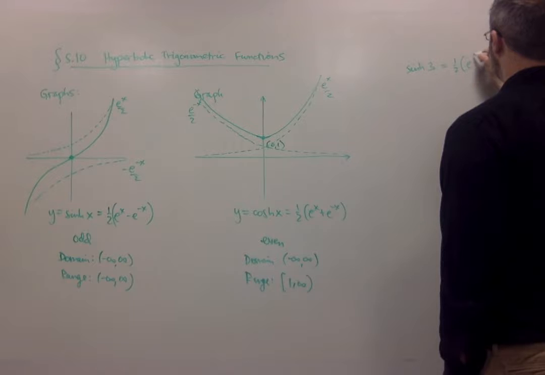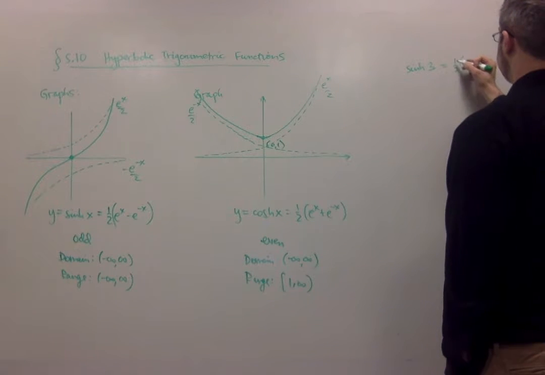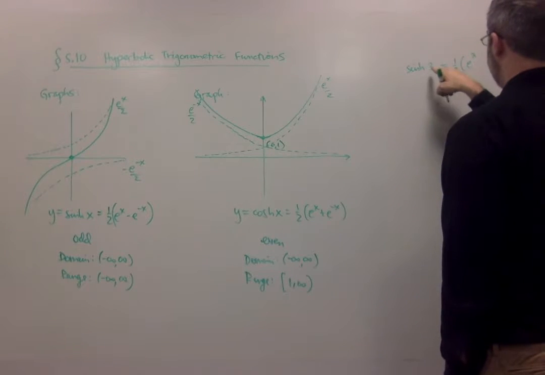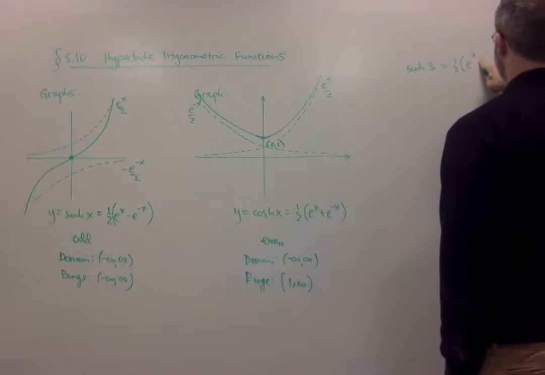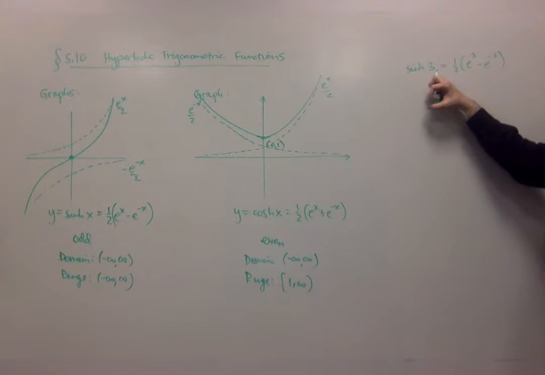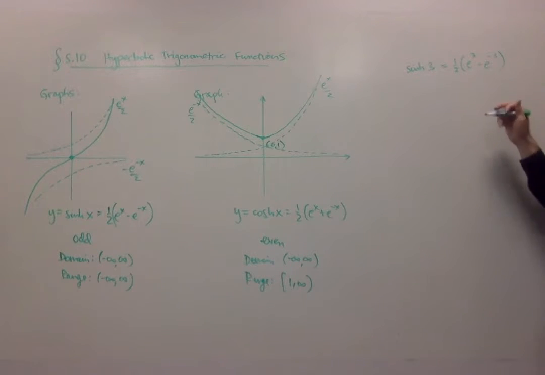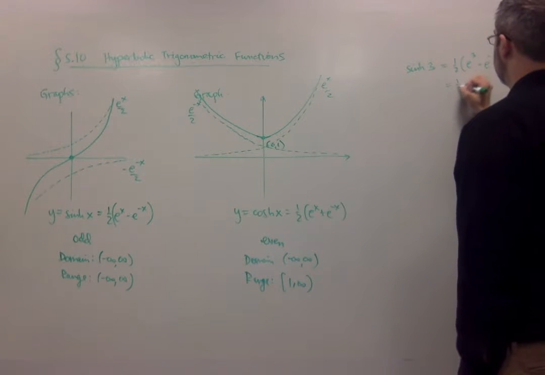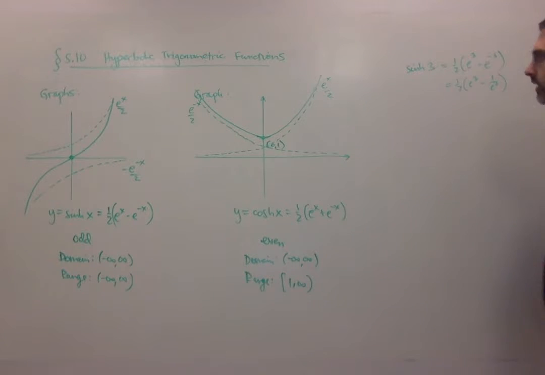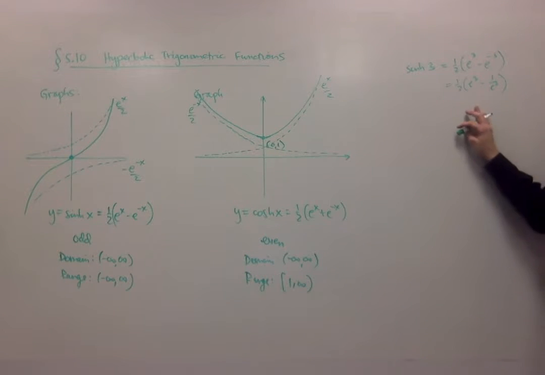The definition of sinh is 1/2 e to the x minus e to the negative x. So if I plug in 3, I want 1/2 e cubed minus e to the negative 3. In other words, 1/2 e cubed minus 1 over e cubed. That's what this thing equals.